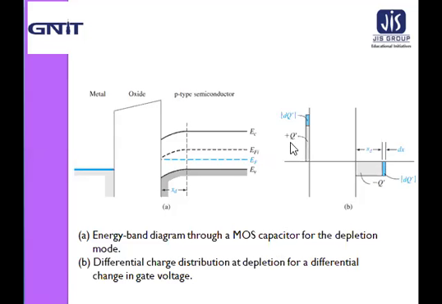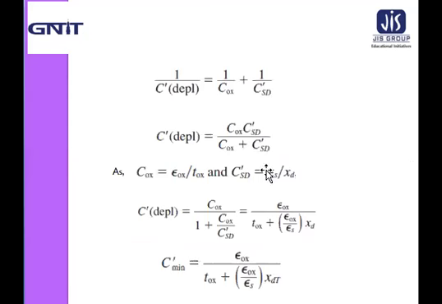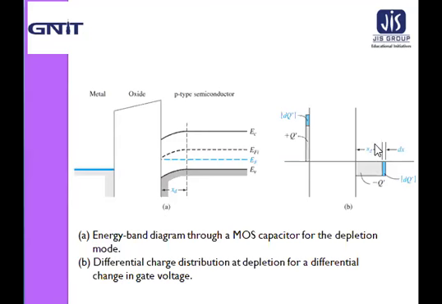Now the oxide capacitance and the capacitance of the depletion region are in series. A small differential change in the voltage across the capacitor will cause a differential change in the space charge width, and the corresponding differential changes in the charge densities, which is shown in this figure.